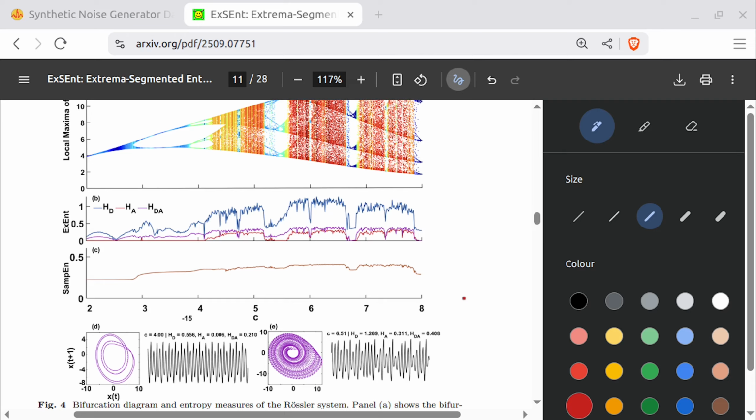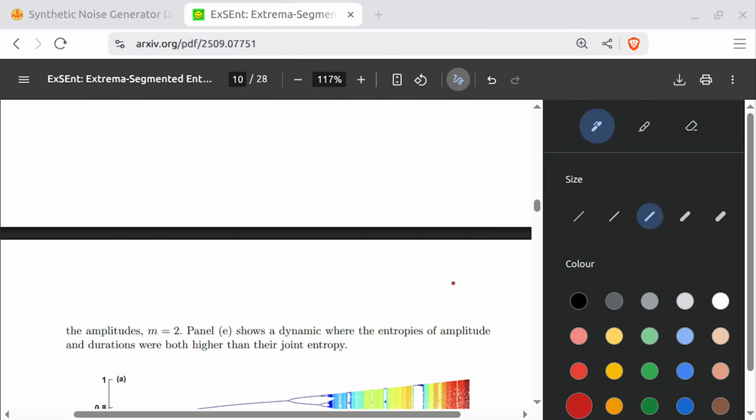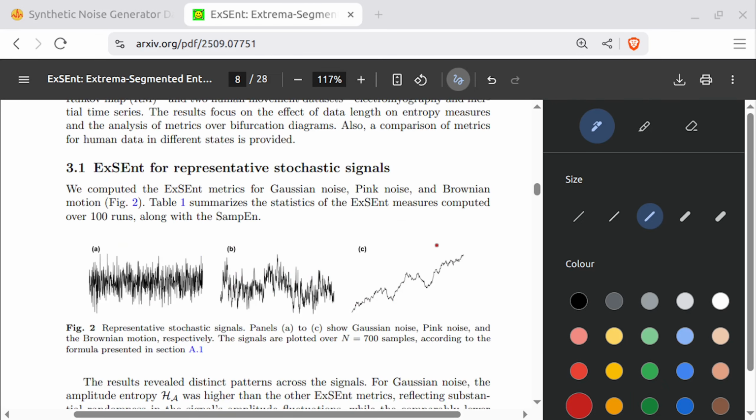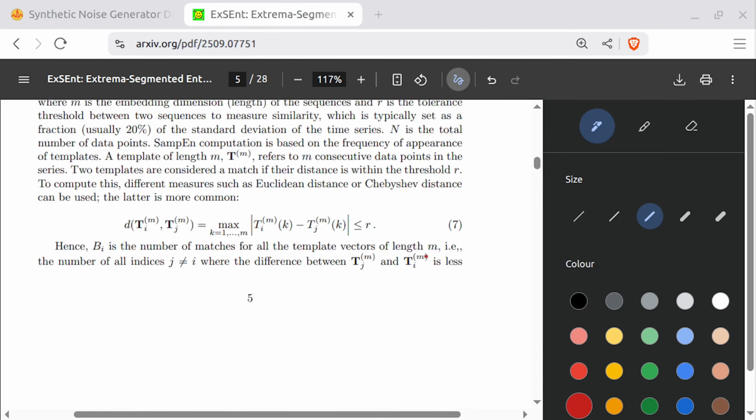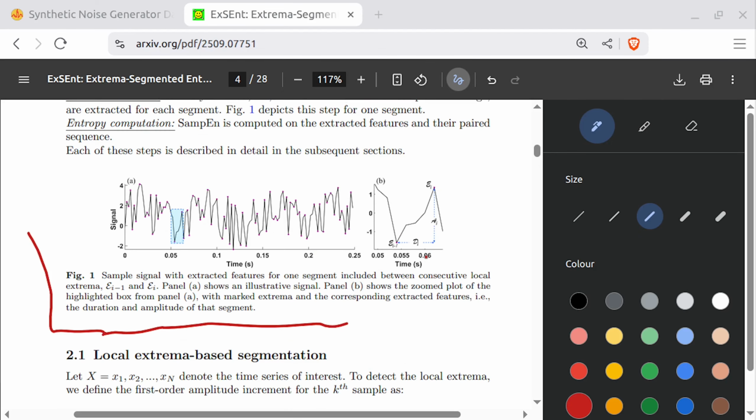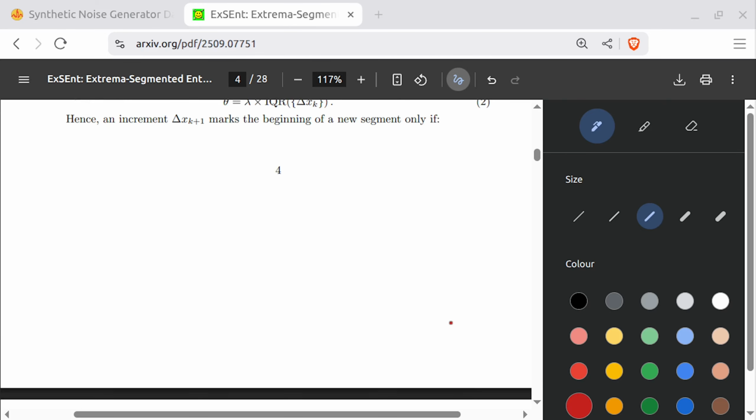HDA represents the joint entropy of duration and amplitude. This is a combined measure that looks at how both the duration and amplitude patterns interact and affect the overall complexity and unpredictability of the system. Essentially, these are all different ways to measure how messy or chaotic the Rössler system is, but each focuses on a slightly different aspect of that messiness.